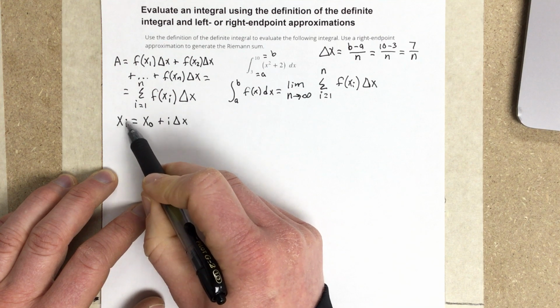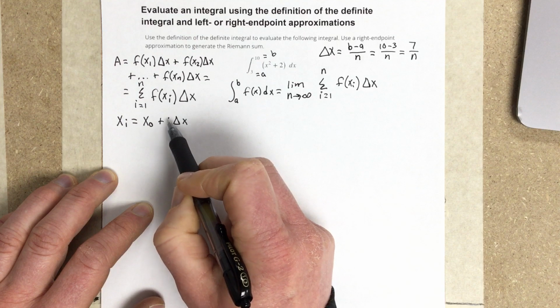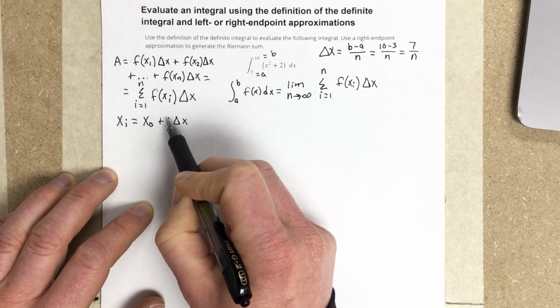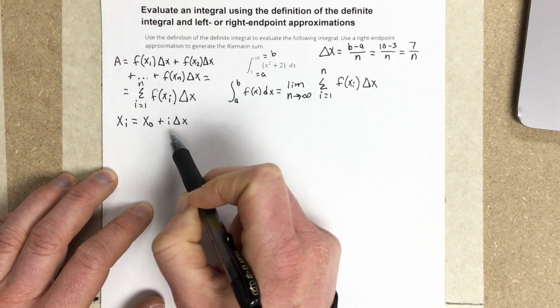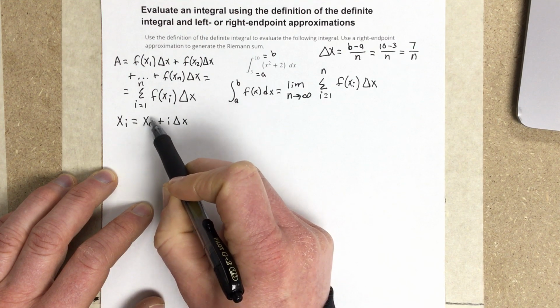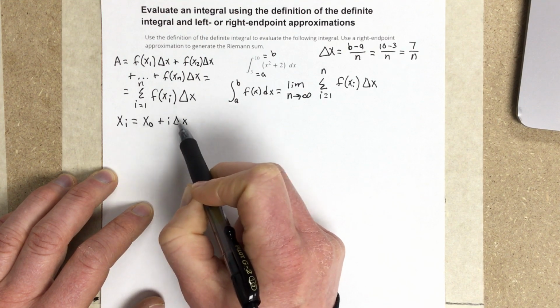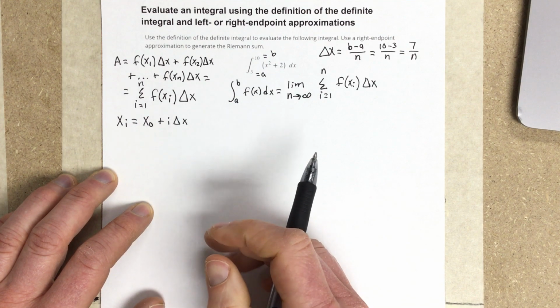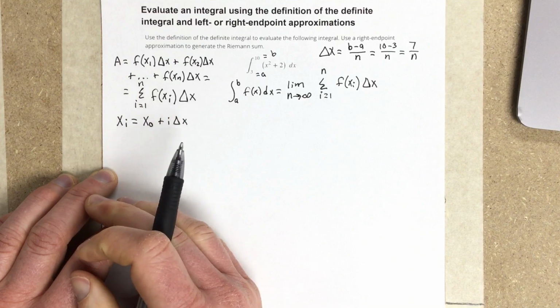So we say x sub i because i is going to start at 1 here. We're going to say x sub 1, and we would want to take 1 times change of x. But when it's x sub 2, we actually take 2 times the width to get the new x value. So this expression represents basically how our rectangles are being cut up.